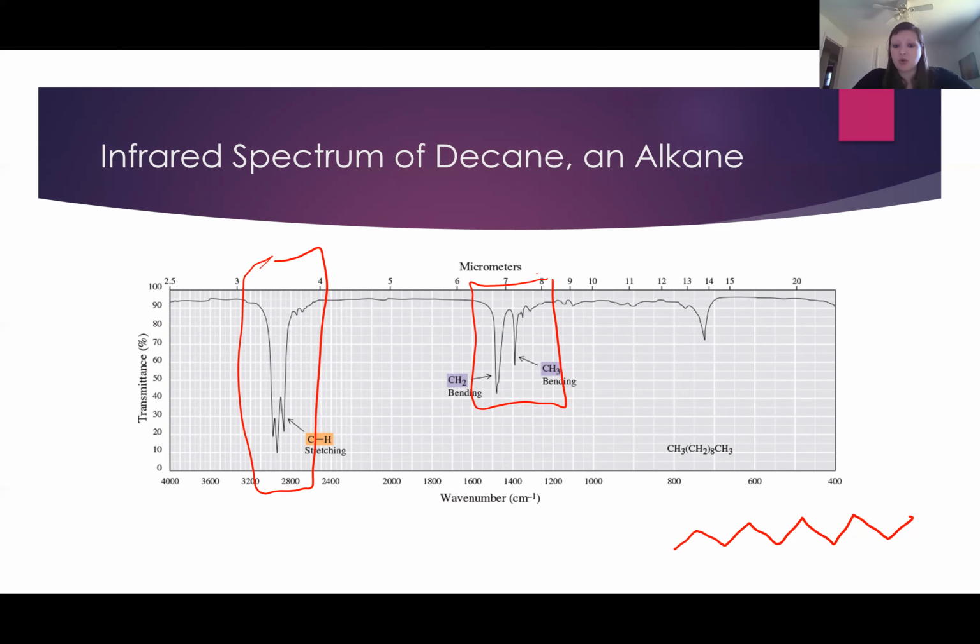If you see those two things and nothing else, you are probably dealing with an alkane. Now, of course, from here over is our fingerprint region that we largely ignore. But if you see no other peaks, it is typically an alkane.